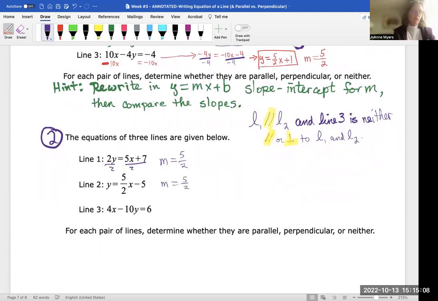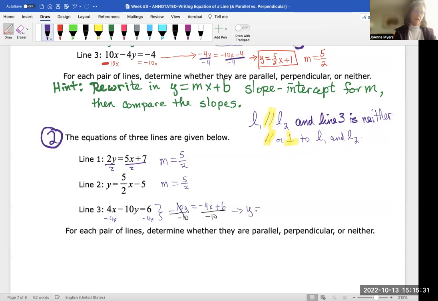This one, now first you have to subtract the 4x from both sides. That will give you 10y is the same thing as negative 4x plus 6. Then you're dividing both sides by a negative 10. This becomes 1y.